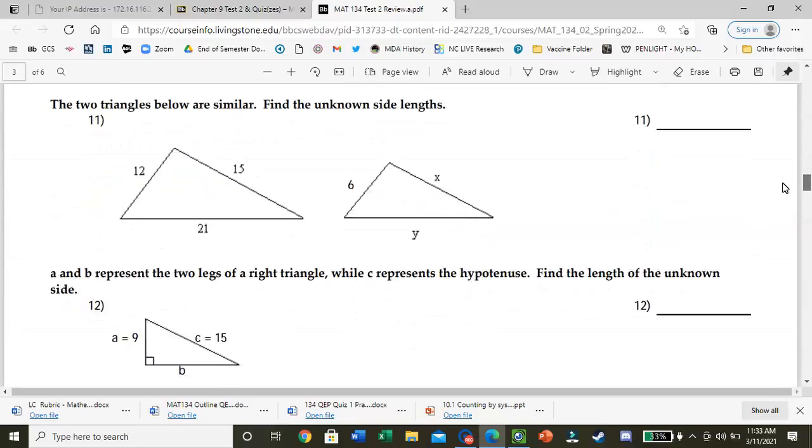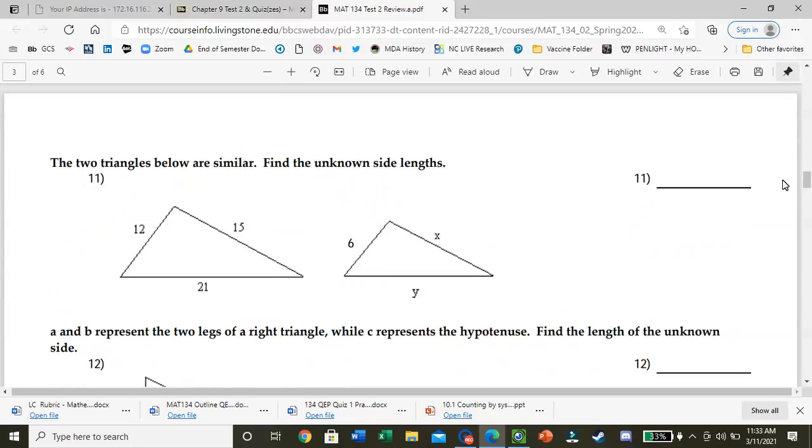Oh, 11. All right. Yeah, sure, we can do that. So we've got 2 triangles, right? So these are known as what kind of triangles? Similar, right?